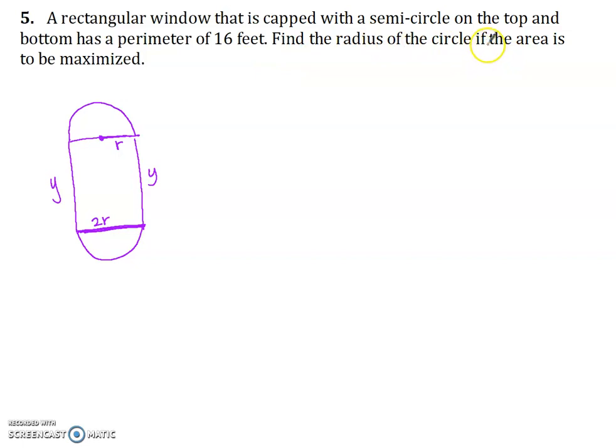So what I'm maximizing is the area. Again, that's going to be my derivative equation. The area of this figure is going to be the rectangle plus the circle. The area of the rectangle is length times width, so that is 2r times y, plus the area of a circle, pi r squared.